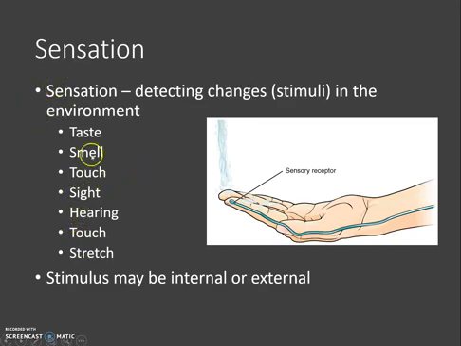And what these sensory receptors are detecting are changes, which we call stimuli, in the environment. And these stimuli may be internal or external. So for example, feeling that the water is hot would be an external sensation, whereas having a stomach ache would be an internal sensation.